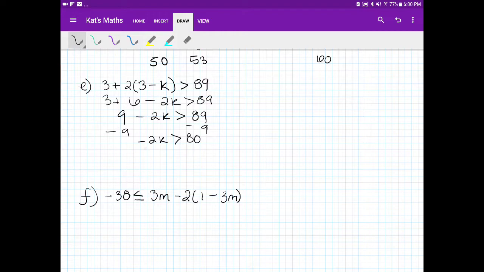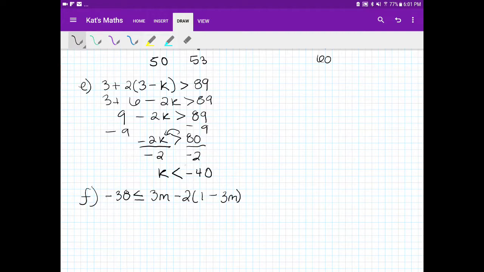Now this is an important step here. We're going to divide by this negative 2. And when you divide by a negative number, the sign flips. So I'm just going to take that guy and flip it right over. So k is now less than negative 40.